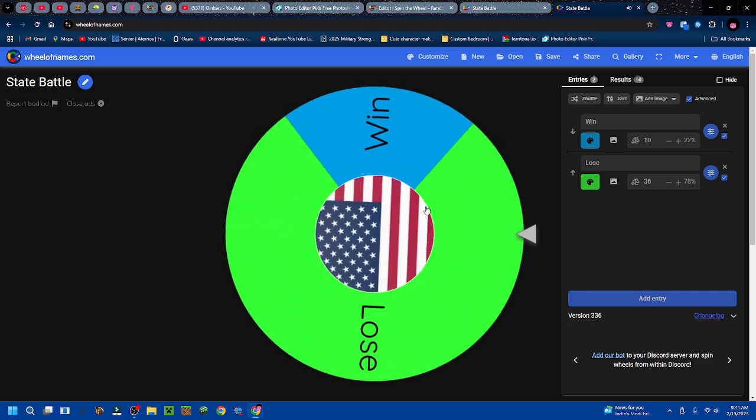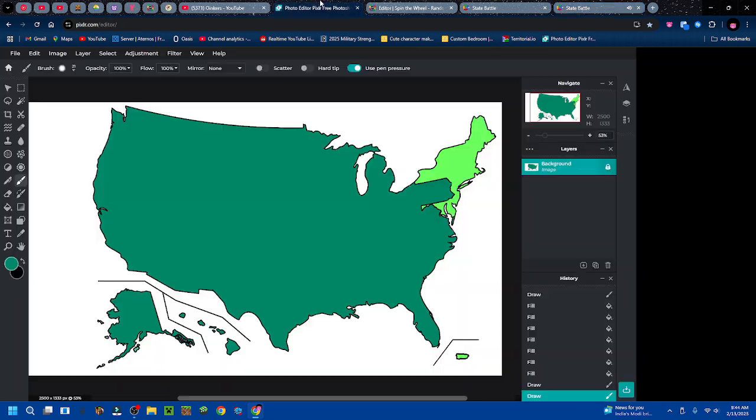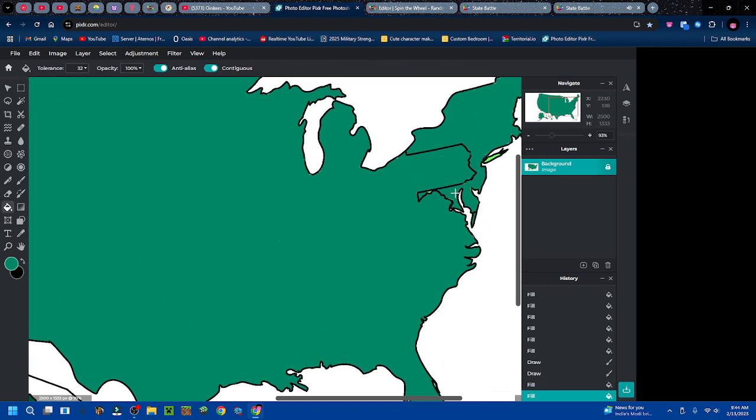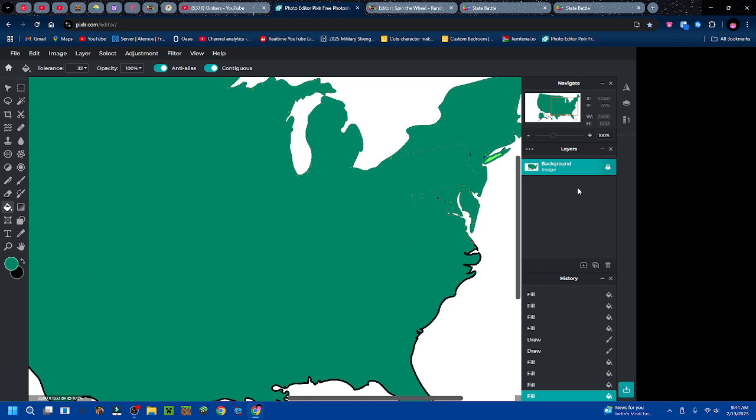And DC ends up losing to Texas, unfortunately. And it looks like the winner of this entire game is in fact, let me color this in, is in fact Texas if we just fix up these borders real quick.